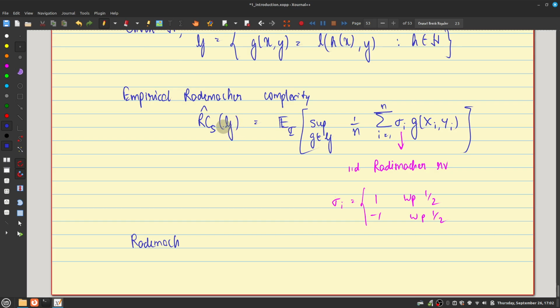Sorry about that. Right, so what do I take out of this particular average? Now this quantity is a random variable that depends on xi, yi, and sigma. Among all of these, I maximize over all possible g.